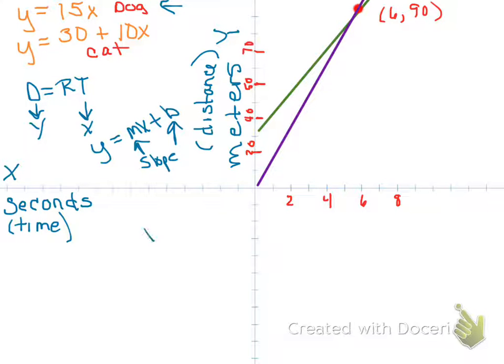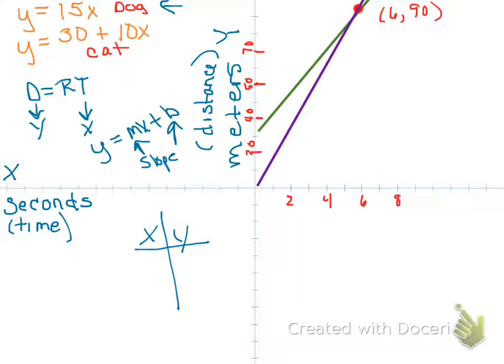So if I set up, I always encourage this, if I set up my XY table, then I know that if b is 0, the slope, or the rise over the run, is 15 over 1. So we plot this.